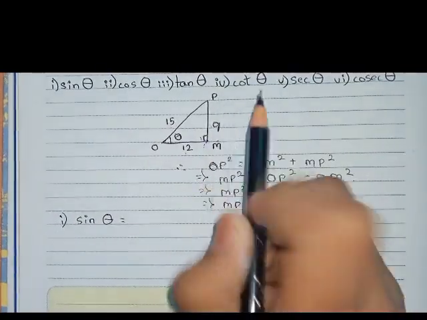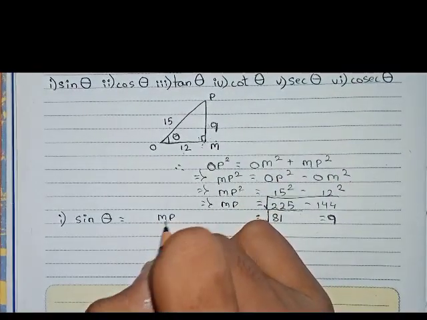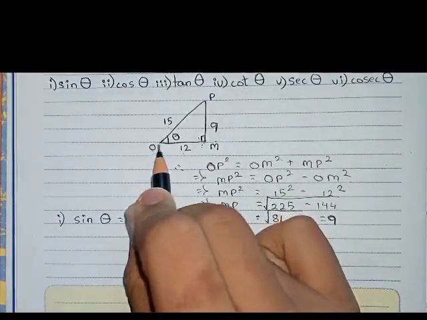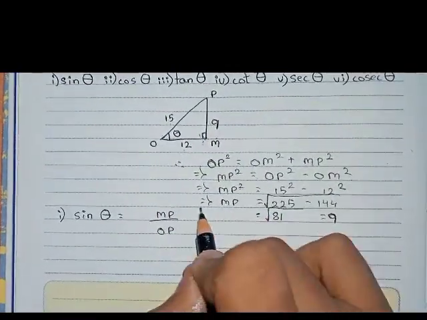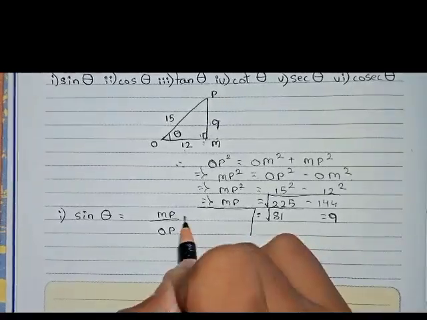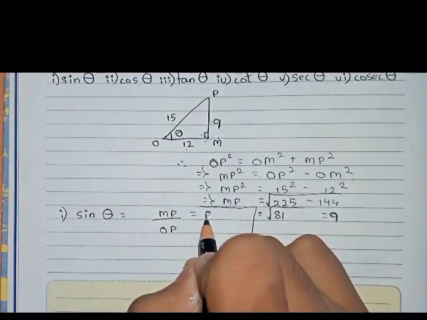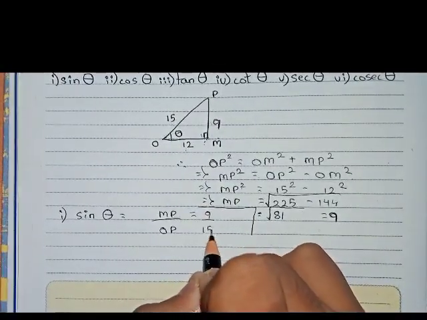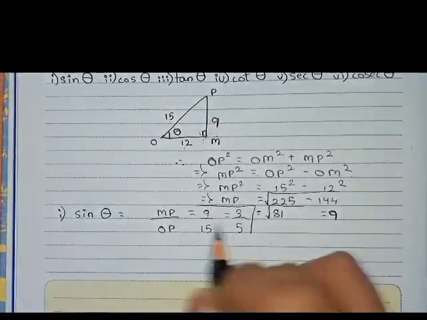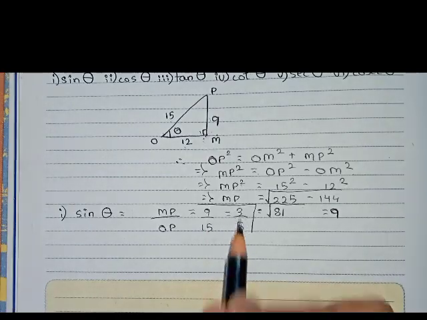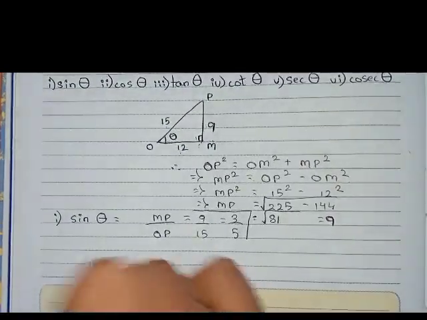So sin theta means height by hypotenuse. Here our height is MP by hypotenuse, so our hypotenuse is OP. MP value is 9 and OP value is 15. If we cut by 3, it will become 3 by 5. So our first ratio, sin theta, is equal to 3 by 5.